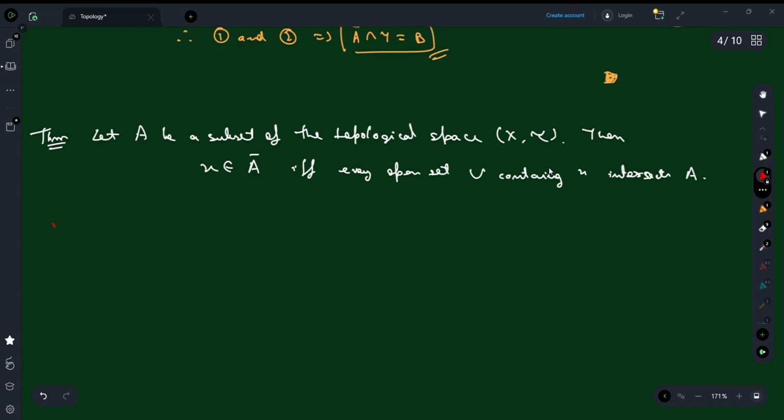We had said that x is in the closure of A if and only if for all r greater than 0, the open ball with center at x and radius r intersects A. Intersects A means it is a non-empty intersection.